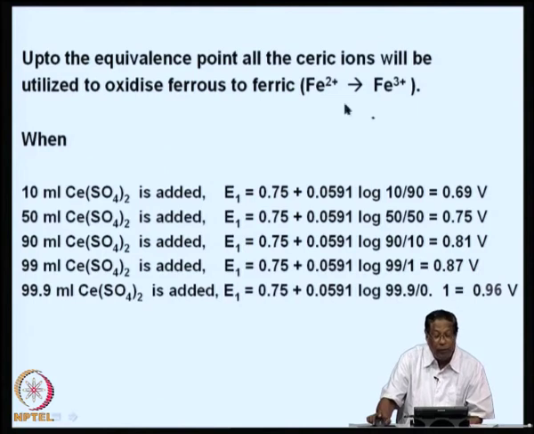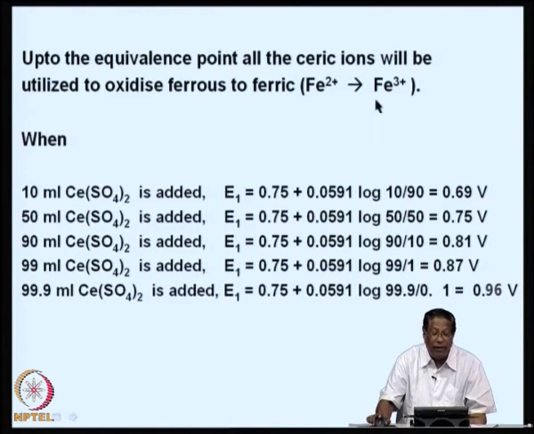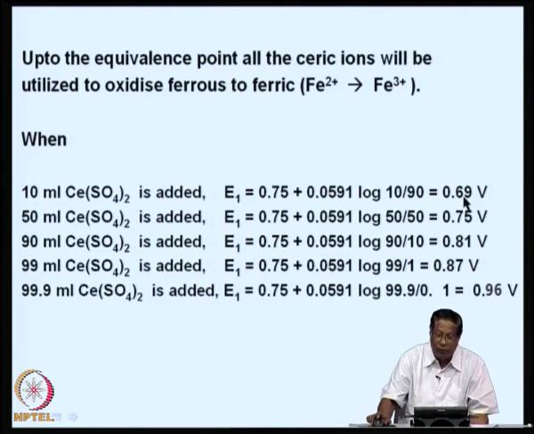Now, up to the equivalence point, all the ceric ions will be utilized to oxidize ferrous to ferric. So, we can write the ferrous to ferric equations like this: when 10 ml of ceric sulphate is added, 10% is oxidized, 90% is still in the reduced phase. So, oxidized species divided by reduced species, if I put the value of 0.75, I will get 0.69 volts.